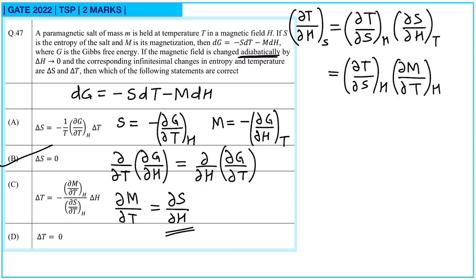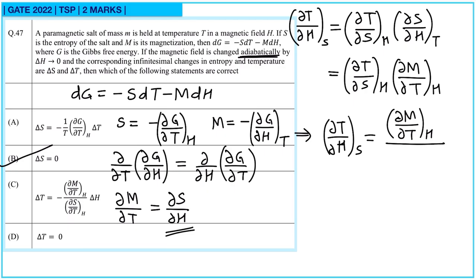So from here we can write dou T by dou H on the left hand side as it is, and on the right hand side we have dou M by dou T at constant H, upon, taking the reciprocal, dou S by dou T at constant H. So this dT can be written as delta T, and this dH as delta H. And as we know, these are opposite to each other.